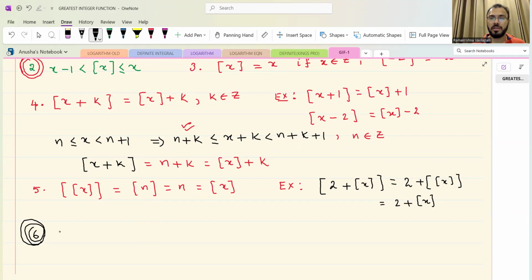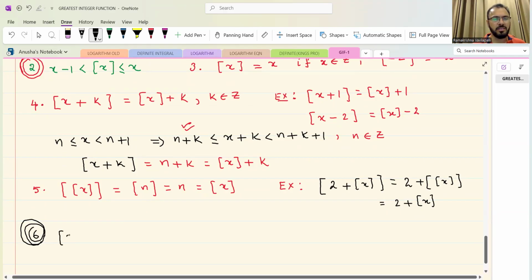It is the sum of two kinds of integral part: the integral part of x plus the integral part of minus x.